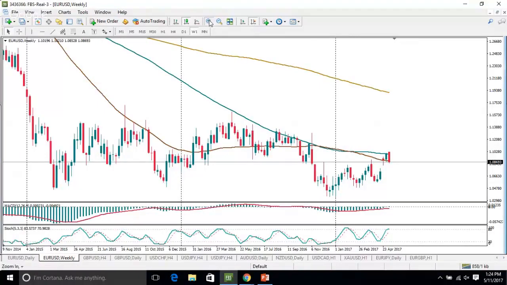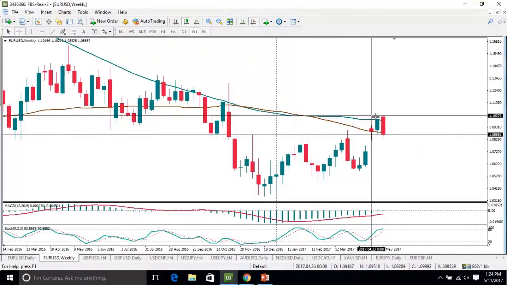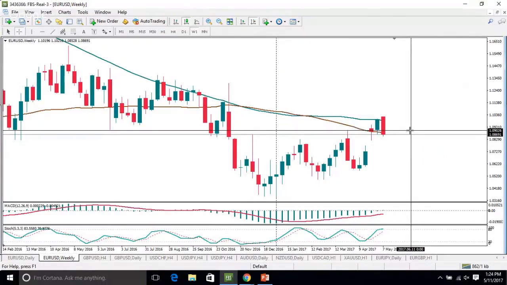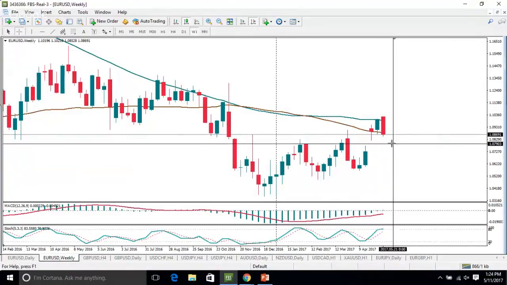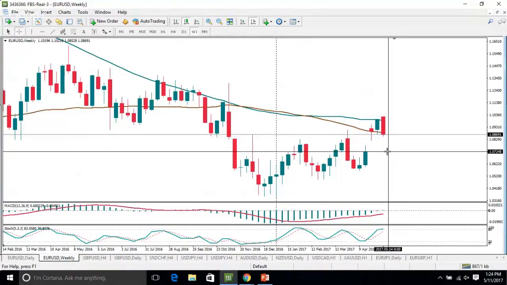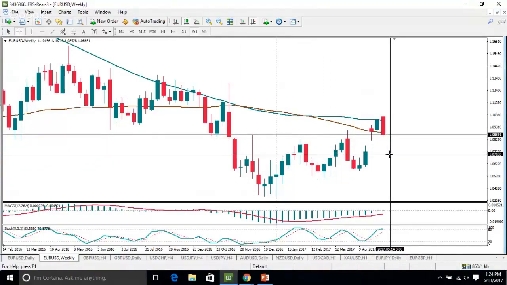It kind of resembles what we see in British pound actually. And if the week is closed below levels around 109, then we'll get a bearish engulfing pattern on the weekly chart of the euro dollar, and we'll likely see the pair close this bullish gap and aim for levels around 107.